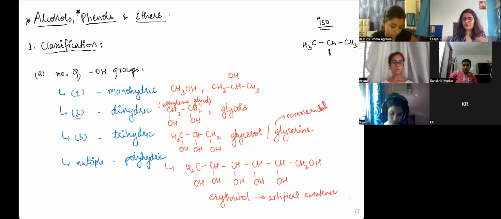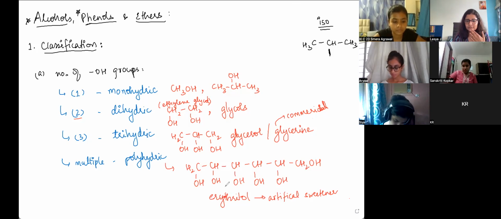It is derived from glucose, they're derived from sugars. Erythritol. So sorbitol, xylitol, all of these are multi-carbon OH compounds.